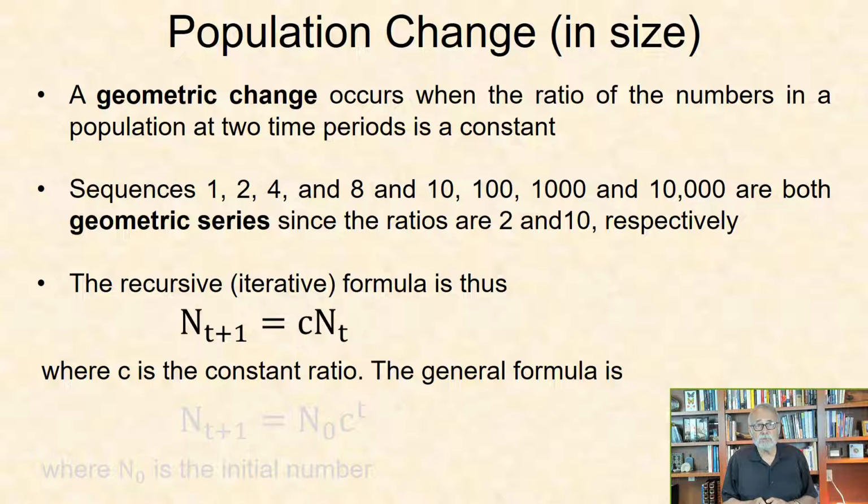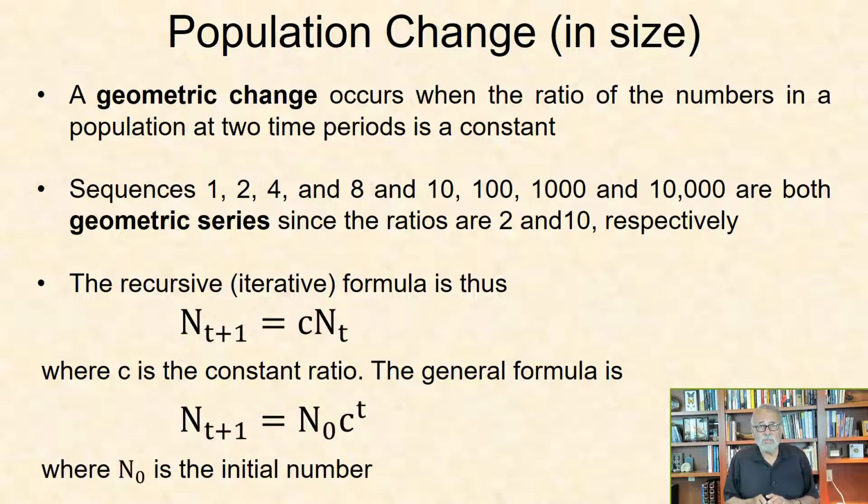The recursive formula for geometric change is thus the number at time t plus 1 equals c times the number at time t, where c is the constant ratio. The general formula is the number at time t equals the number at time 0 times c raised to the tth power, where N0 is the initial number.